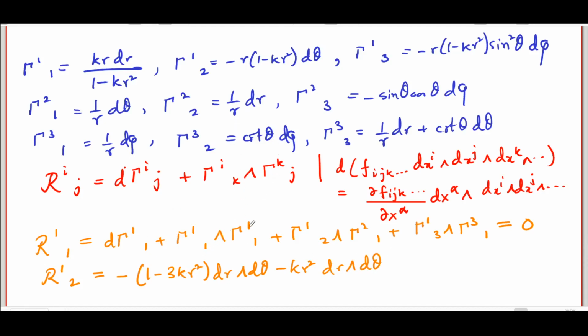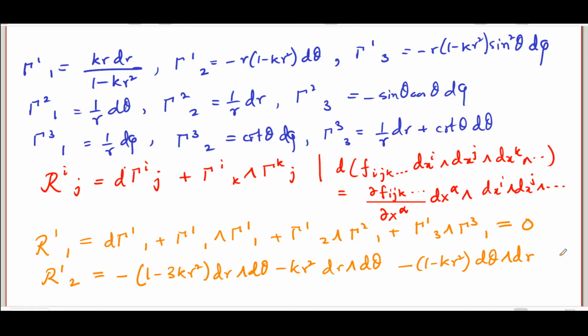What about gamma^1_2 wedge gamma^2_2? That's the next term. Gamma^1_2 wedge gamma^2_2 here. Of course, as I said, this one has to be replaced by 2 for this calculation. So gamma^1_2 wedge gamma^2_2, again not 0. What you have is minus (1 minus kr squared), but with a d theta wedge dr. This order is important, remember.